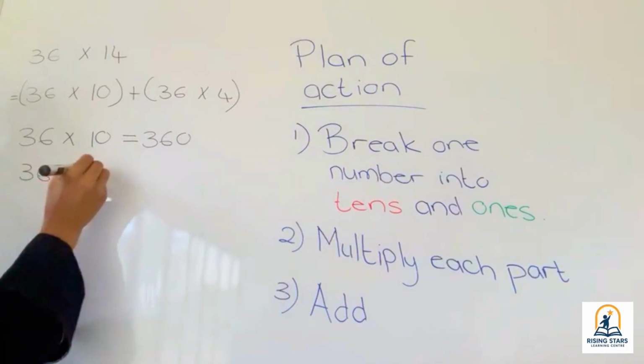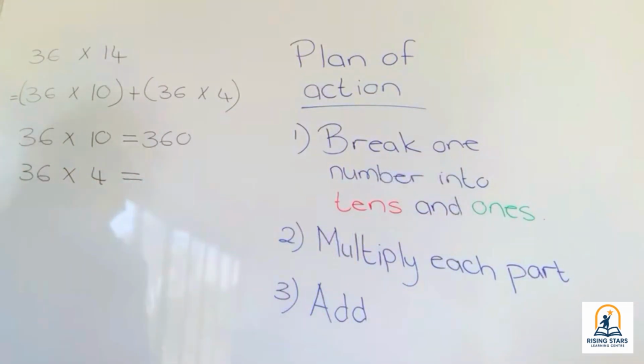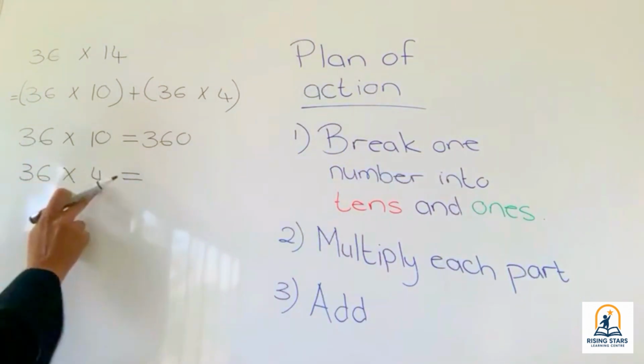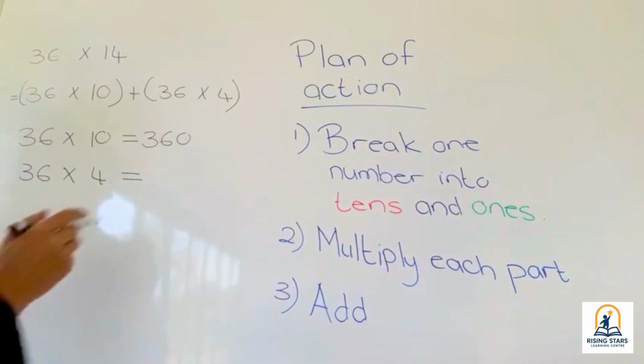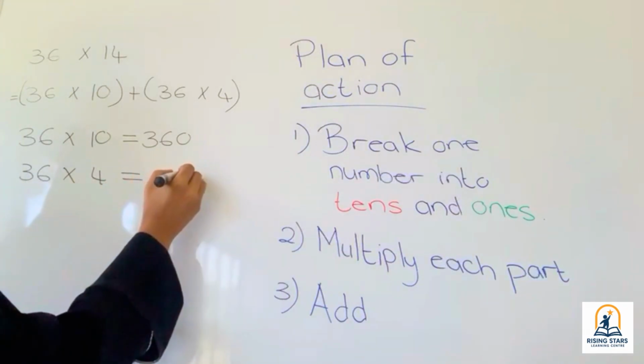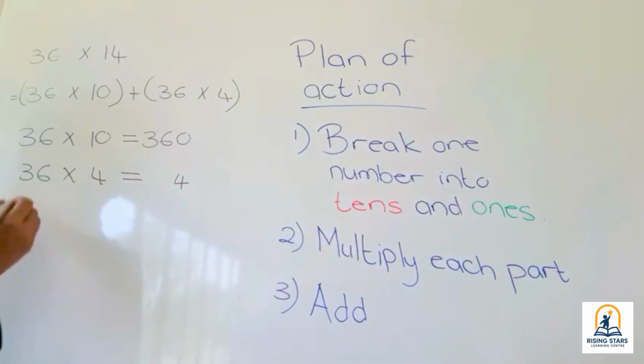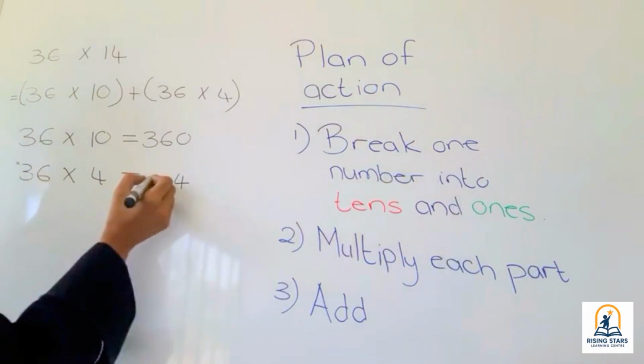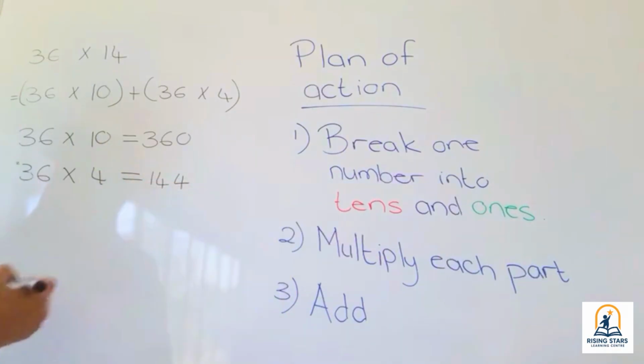36 times 4. Alright, let's start working out our ones first. 4 times 6 is 24. Okay, so we put our 4, we carry our 2. 4 times 3 is 12 plus your 2, 14. Okay, so 144. 36 times 4 is 144. We completed step 2.